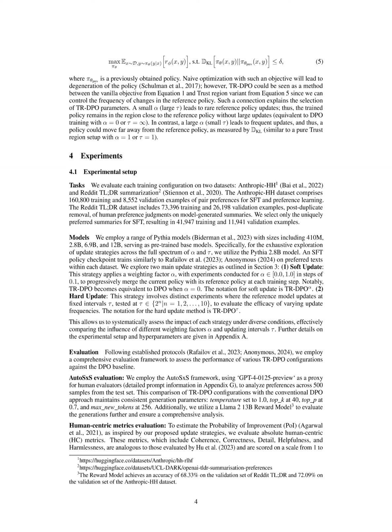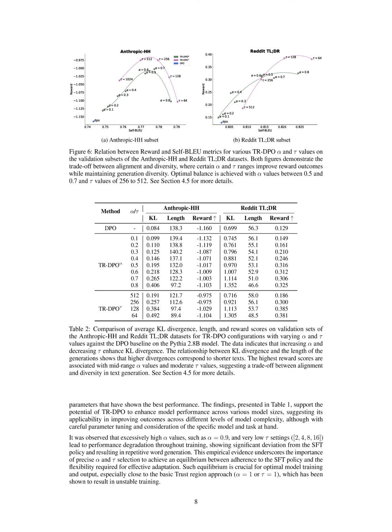On the other hand, a large alpha or small tau leads to frequent updates, allowing the policy to move further away from the reference policy, as measured by the KL divergence, akin to a pure trust region set up with alpha equals 1 or tau equals 1. Overall, TR-DPO provides a flexible framework for updating the reference policy during training, balancing between stability and adaptability to improve model performance and alignment with human preferences.